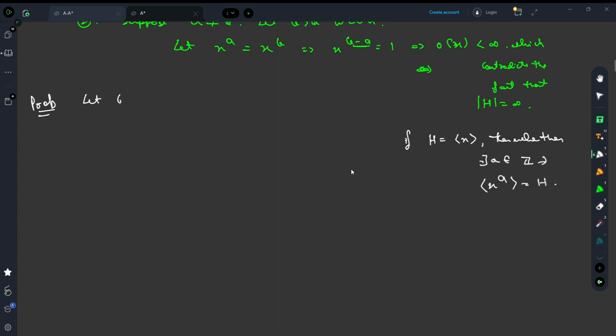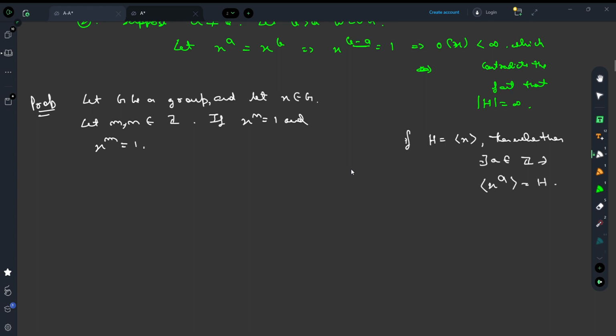Okay, so let me start with this proposition first, which states: let G be a group, and let x be an element from G. Let m and n be integers.